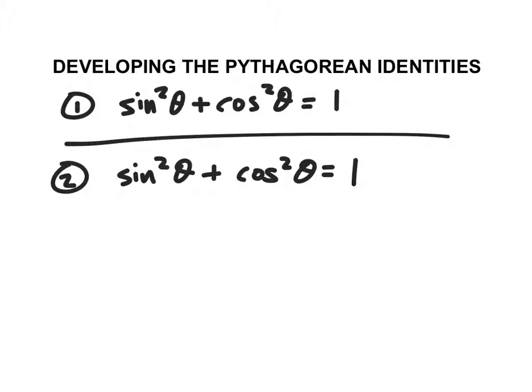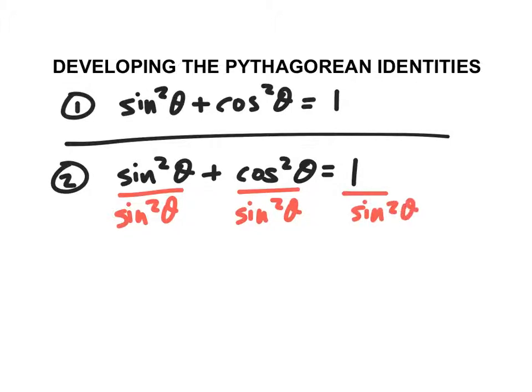What I'm going to do is divide every single term by sine squared theta. And when I do that, I can simplify this. If I take sine squared theta divided by sine squared theta, something divided by itself, it's going to give me a value of 1. Plus, now if I do cosine squared theta divided by sine squared theta, cosine divided by sine is cotangent theta.